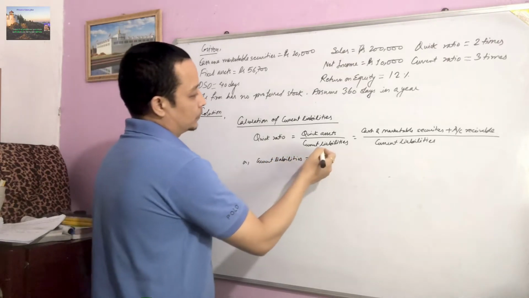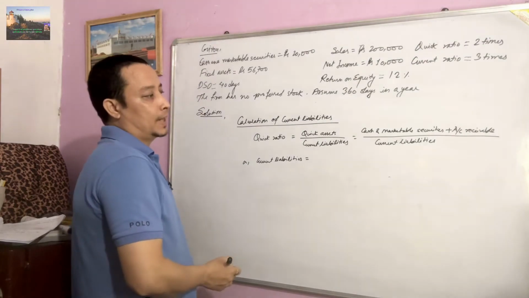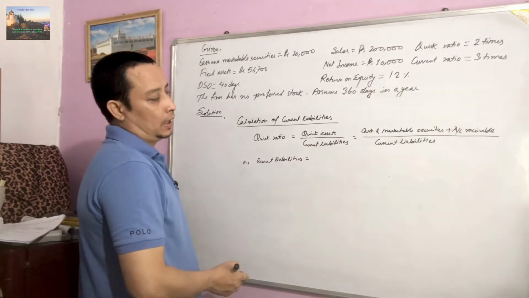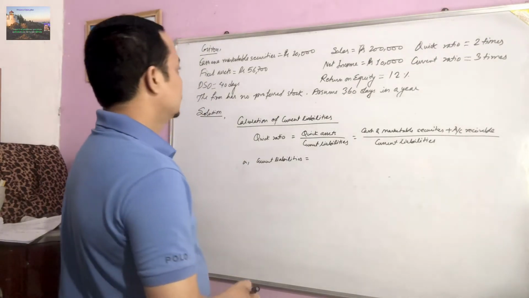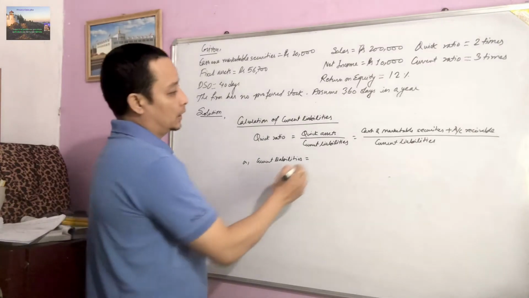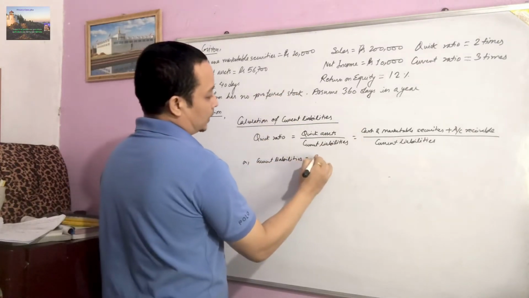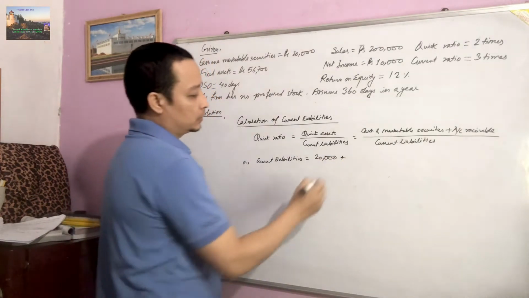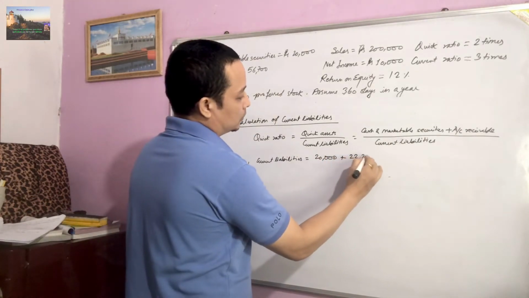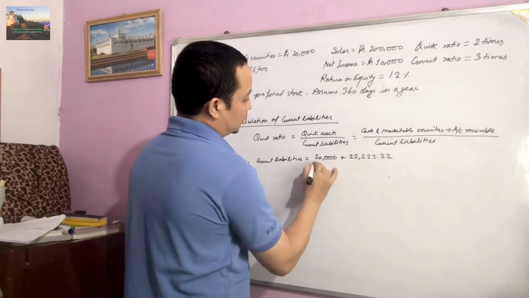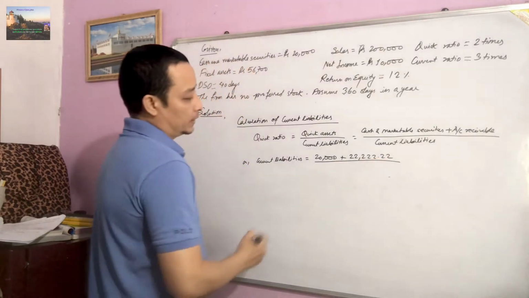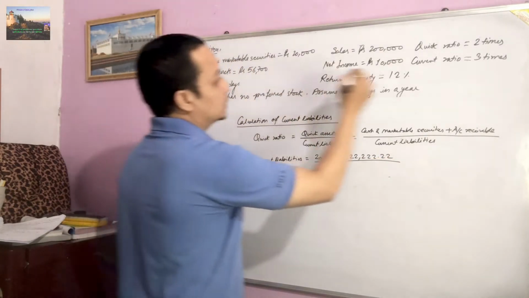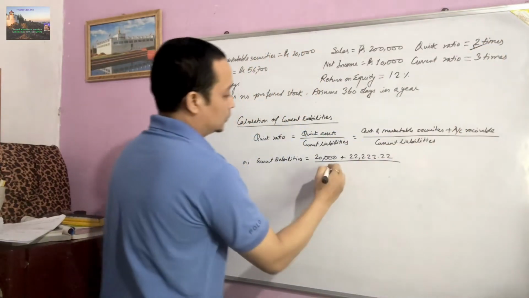Current liabilities equal to, now you can put the value of cash and marketable securities and account receivable, which you have already found. Here cash and marketable securities is 20,000 and your account receivable which you have obtained 22,222.22 divided by quick ratio. Quick ratio is given in the question here 2 times.